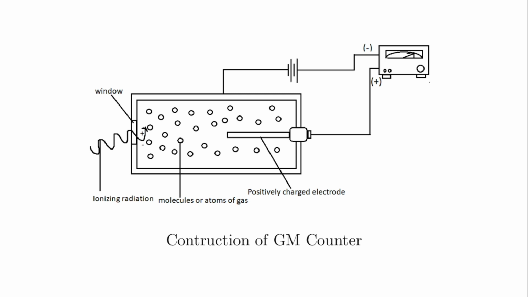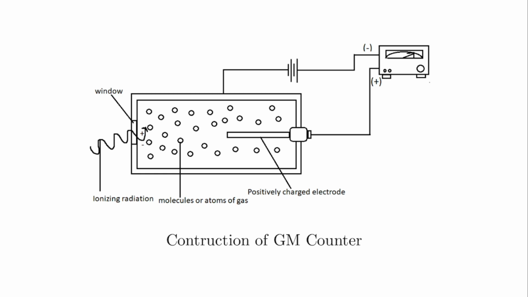GM counter works by using a gas filled tube which you can see there. It contains a small amount of gas, usually helium, neon or argon at low pressure. The tube has a thin wire running down its center and a high voltage is applied between the wire.